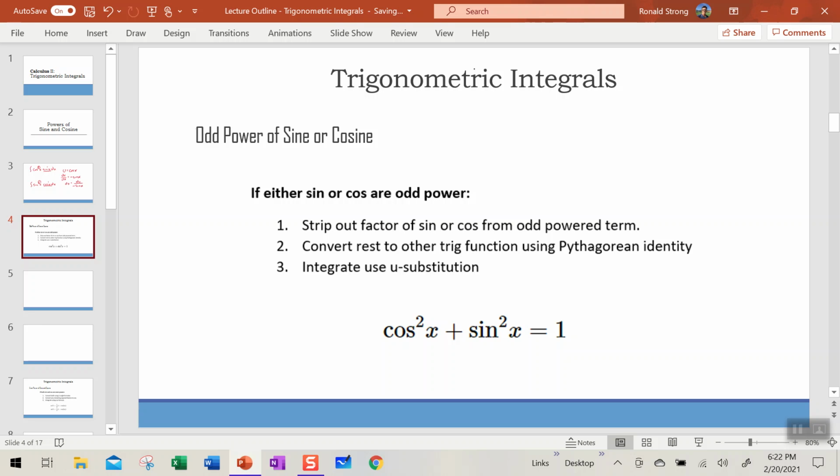Next, what happens if you have sines and cosines, but neither one of them are raised to the first power? Then what we want to look for is an odd power of sine or cosine.